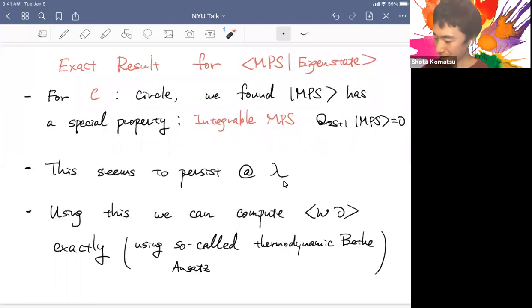And this property seems to persist at finite lambda, so not just at tree level but even after including the interaction. Using this property, one can compute this two-point function exactly at finite 't Hooft coupling, using what's called the thermodynamic Bethe ansatz. So this was more recent progress in this business.